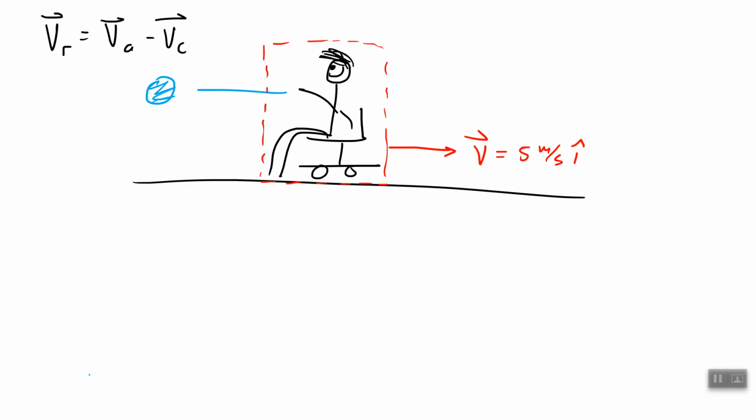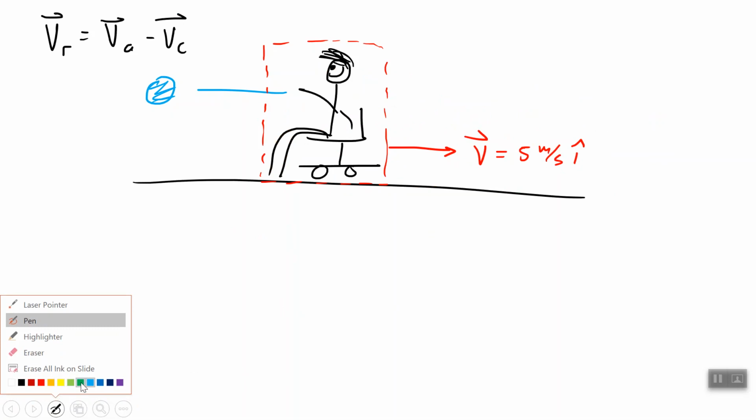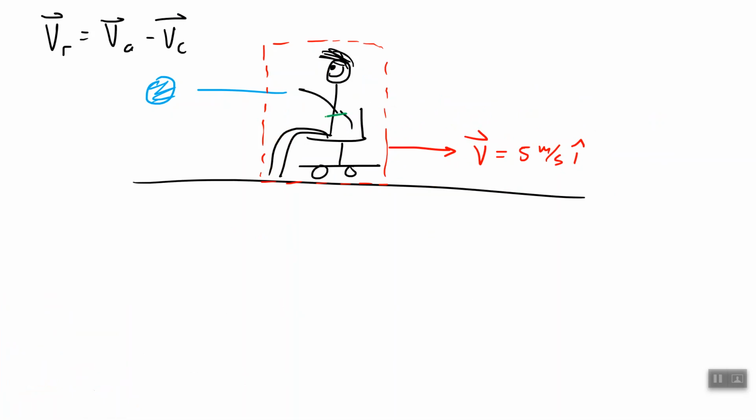But I threw the ball, I use green for this. So my other hand actually has my speed gun, and my speed gun detects that the ball is moving to the left at 10 meters per second, right? Because that's how fast I can throw the ball.